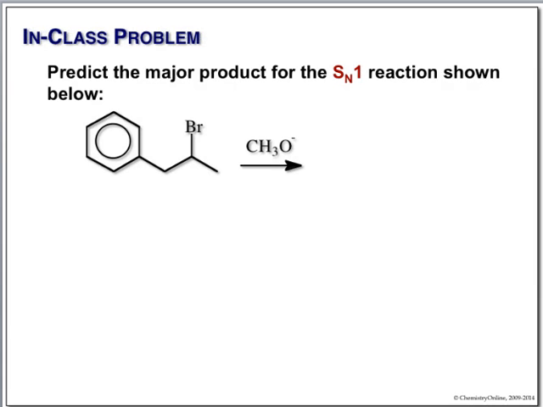Let's do this again. Again, I tell you it's an SN1 reaction. Go ahead and write the initially formed carbocation, the most stable carbocation following rearrangement, and the product.